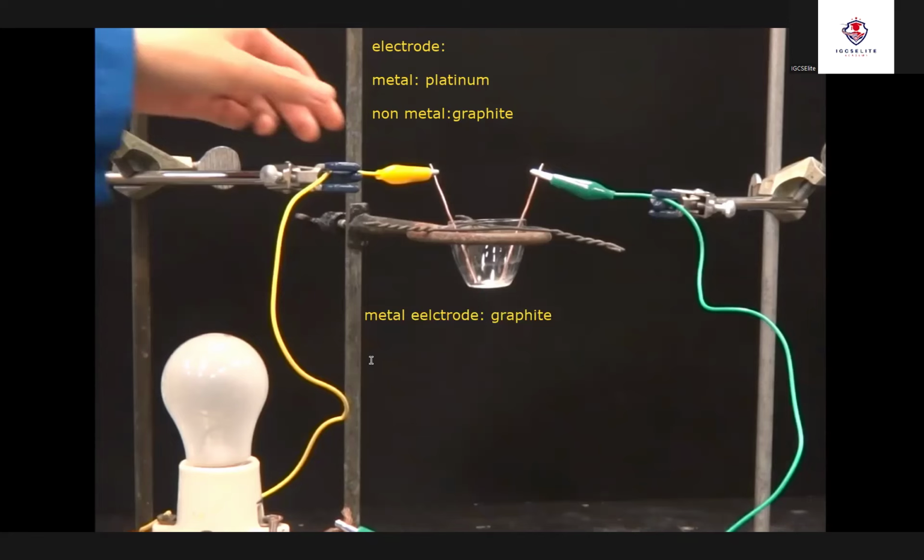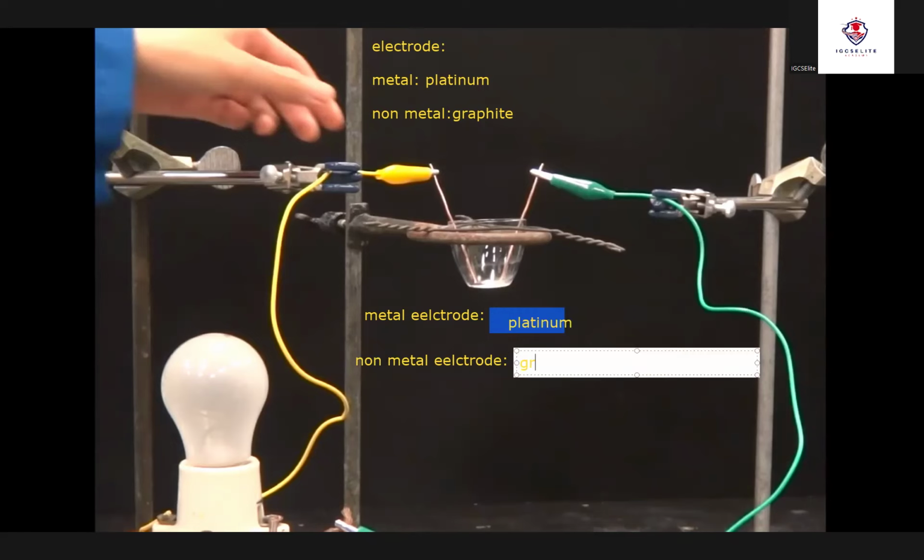In some questions, he will ask for an example of non-metal electrode. Non-metal electrode is graphite.